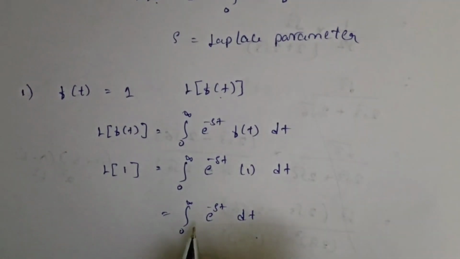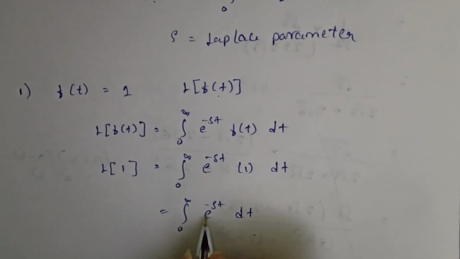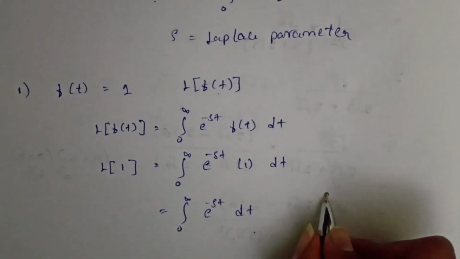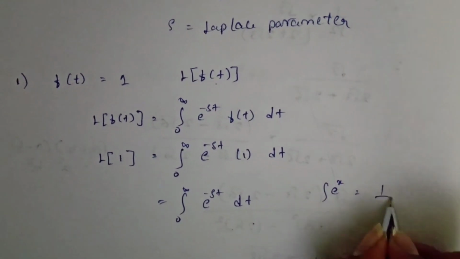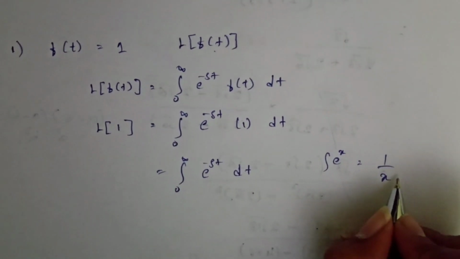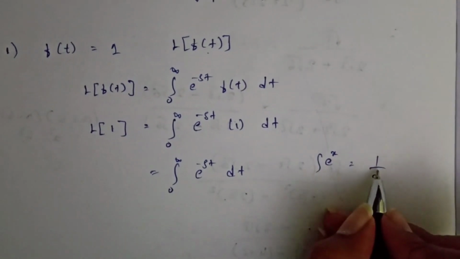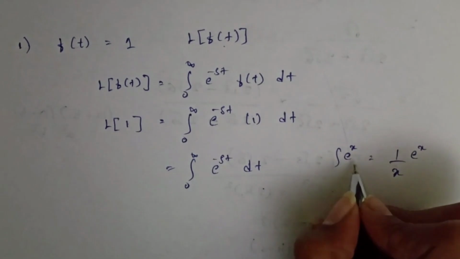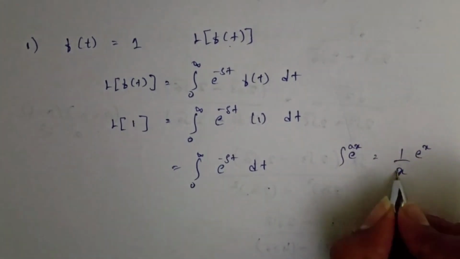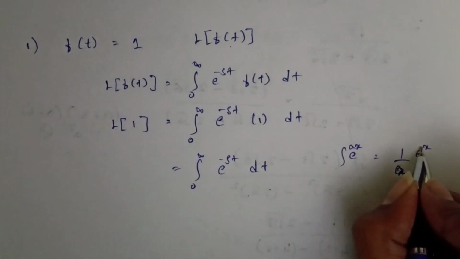Okay, so the integration of e to the power x is equal to 1 by x. More generally, the integration of e to the power ax is 1 by a e to the power ax.